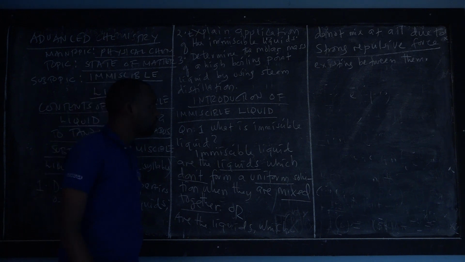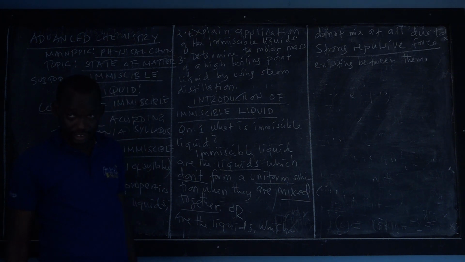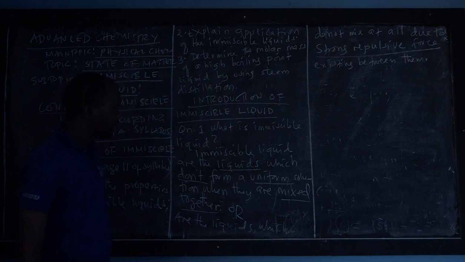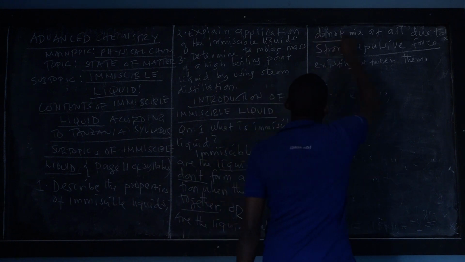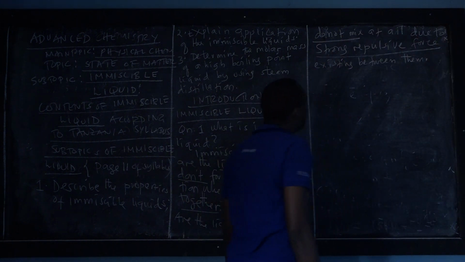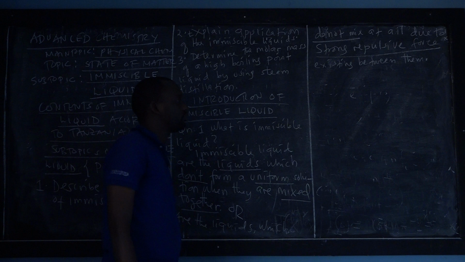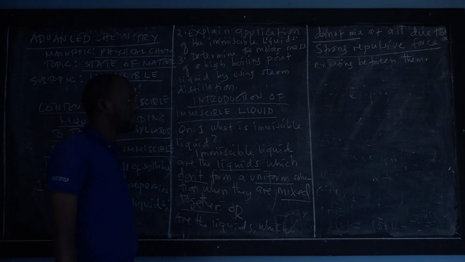But the immiscible liquids are vice versa. They don't mix together and they don't form uniform solutions when mixed. They are the liquids which don't mix at all. Why don't they mix at all? Because there is a strong repulsive force existing between them.